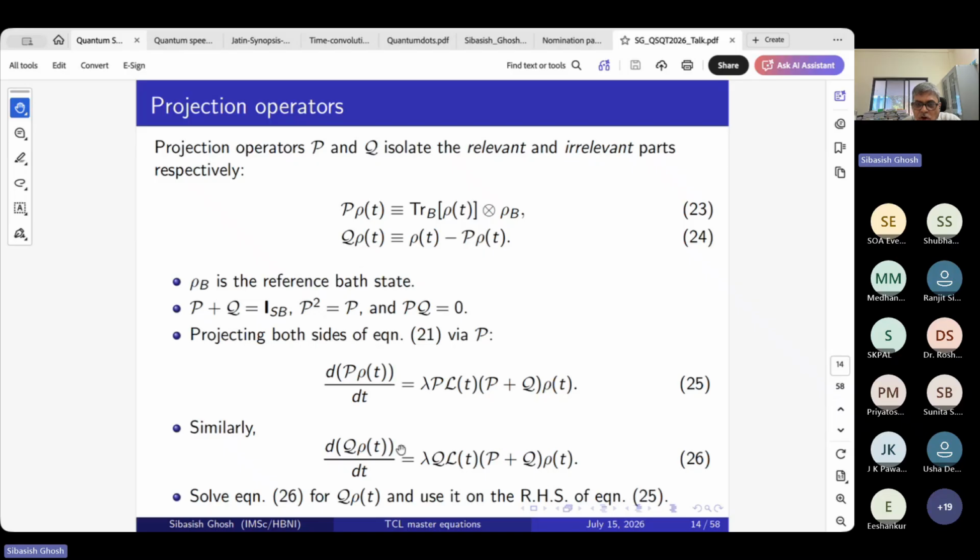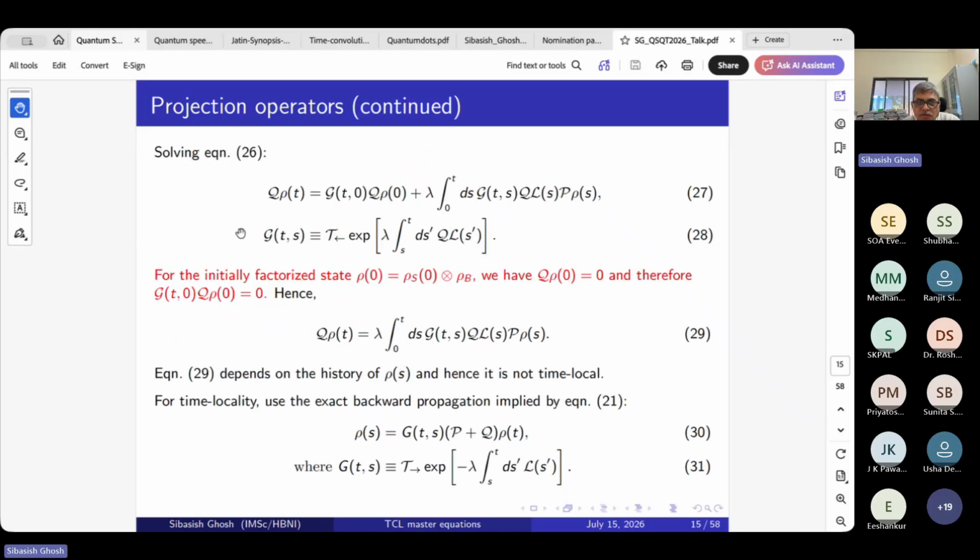I am interested in P of rho t, because that will give me rho st, a trace over B of rho t. So what I need to do is solve this equation 26 for Q acting on rho t, and then use it on the right hand side of equation 25 to get P acting on rho t.